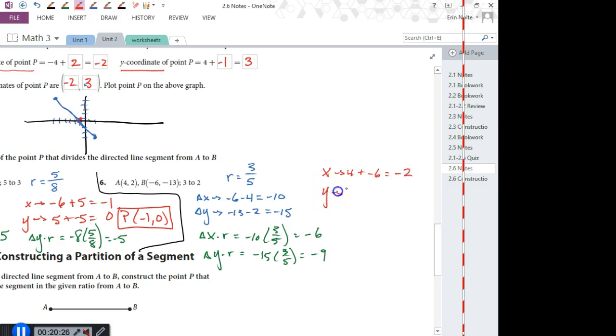So for my y, I add my AY value, and then I add my rise rate. -9. 2 plus -9 is -7. So the ordered pair for P, my x is -2, my y is -7.